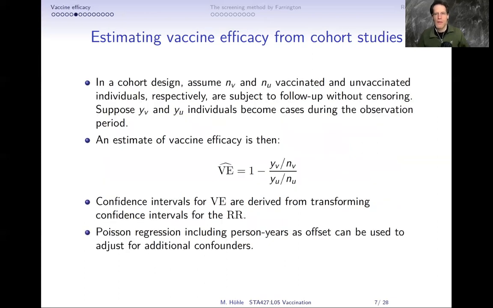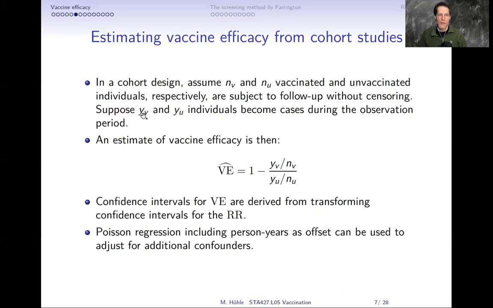So let's look specifically at the cohort design, which is the easiest way to do it. Let's say NV is the number of vaccinated individuals, and NU is the number of unvaccinated individuals in our cohort, which are subject to follow up, and we will say censoring is not an issue here.